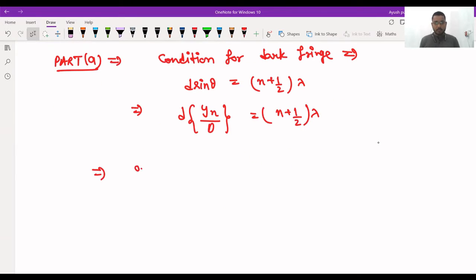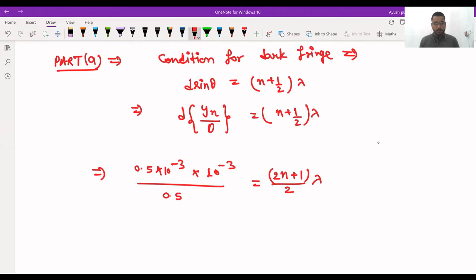Let's put in all these values of d, y_n and capital D. d is 0.5 × 10^-3, y_n is 10^-3, divided by capital D, which is 0.5. And I can write (n + 1/2) as (2n + 1)/2, times λ. So 0.5 and 0.5 get cancelled out, and we are left with 10^-6 = (2n + 1)/2 × λ.